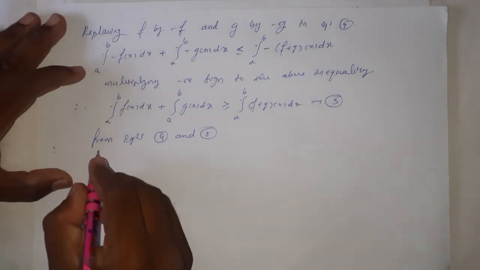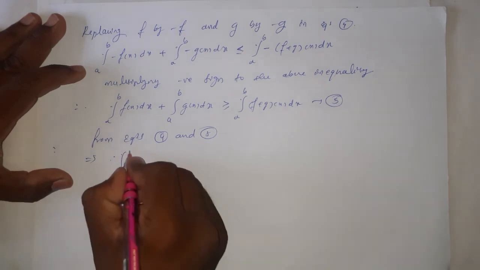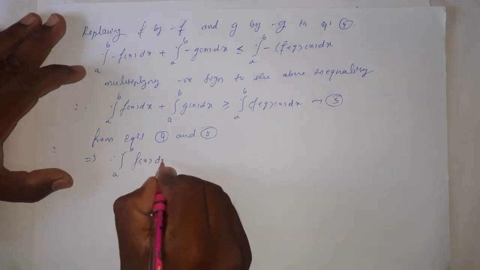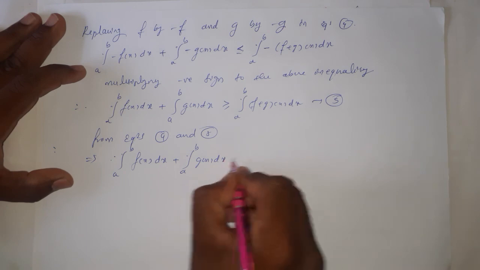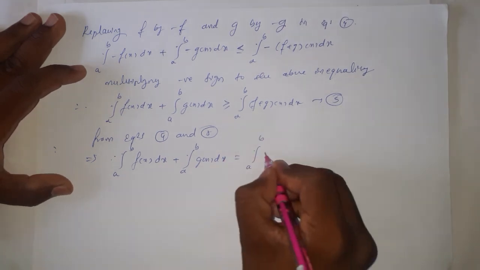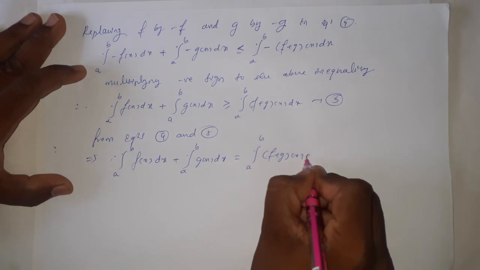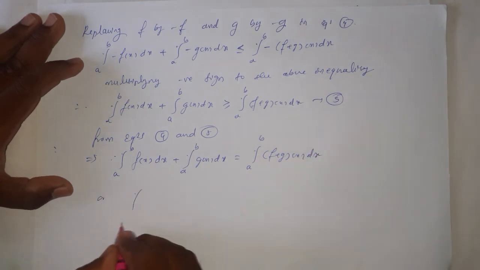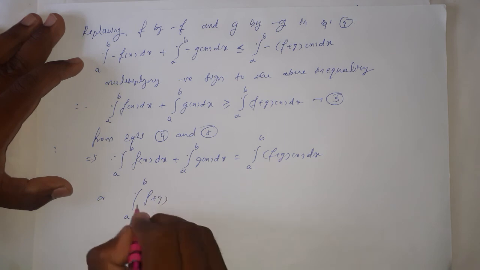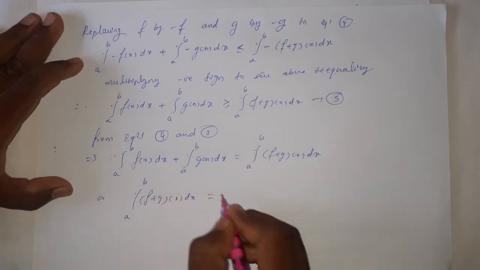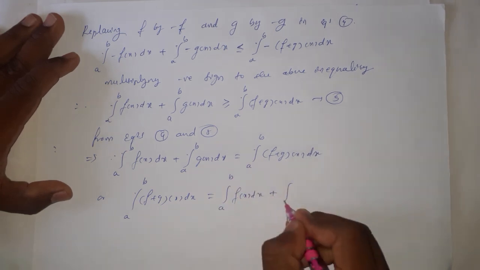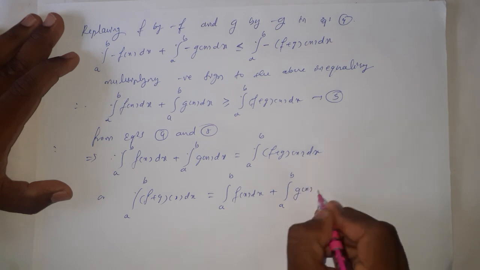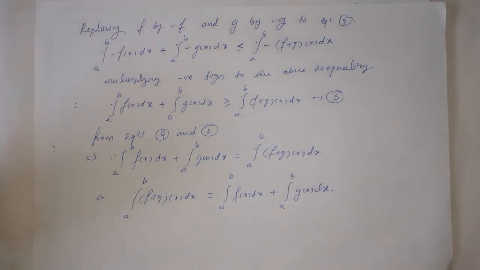On combining those two results, we can write that the integration over a to b of f of x dx plus the integration over a to b of g of x dx is equal to the integration over a to b of f plus g of x dx, or we can write this as the integration over a to b of f plus g of x dx is equal to the integration over a to b of f of x dx plus the integration over a to b of g of x dx. So, therefore, it is the theorem.